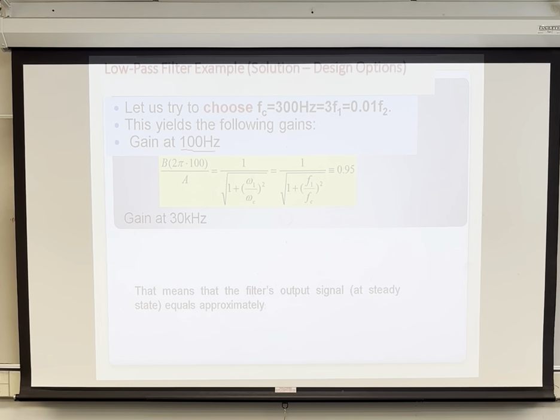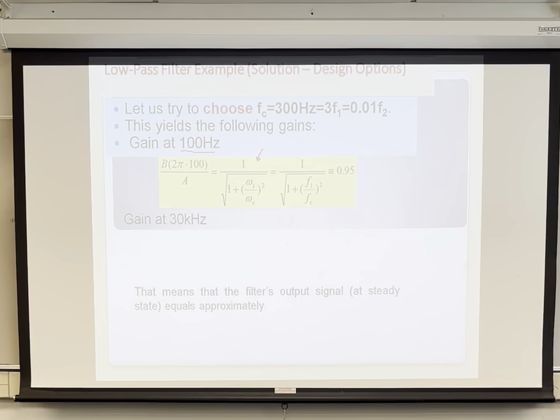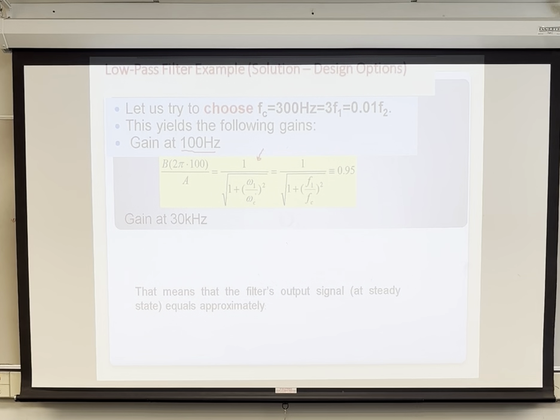Without using PSpice, we can calculate the gain of the low-pass filter at 100 hertz. So we go back to the equation. This is the equation for the passive low-pass filter. Now we change over from the S domain to j omega, and we calculate this equation here.